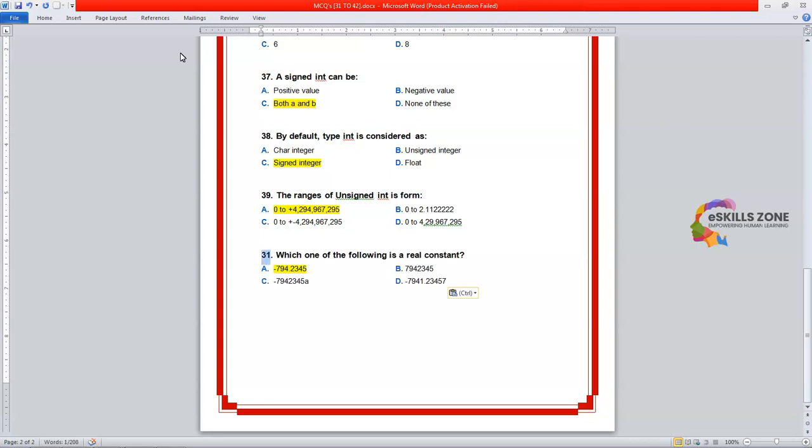Next number 40. Question is, dash type is used to store a real number with floating point up to 6 digits of precision.